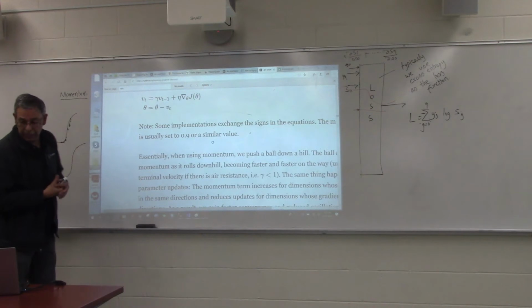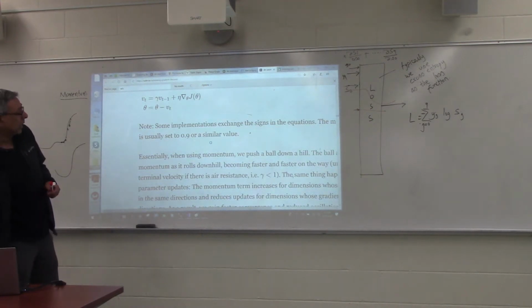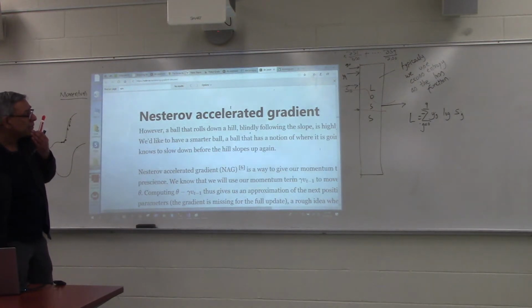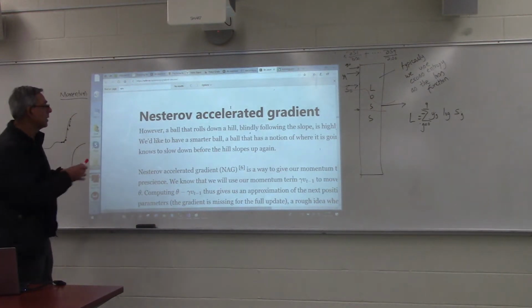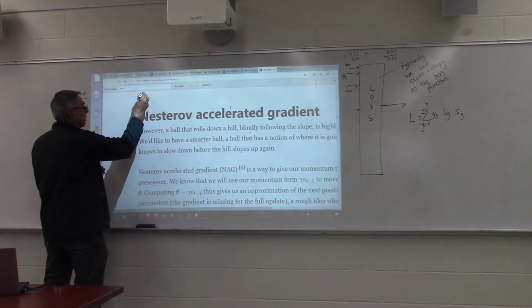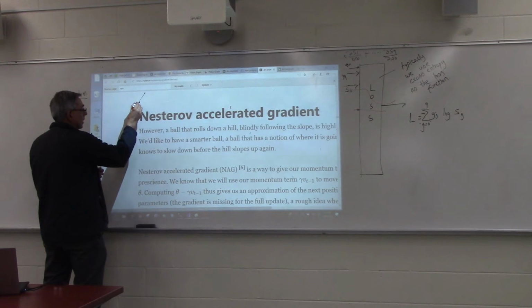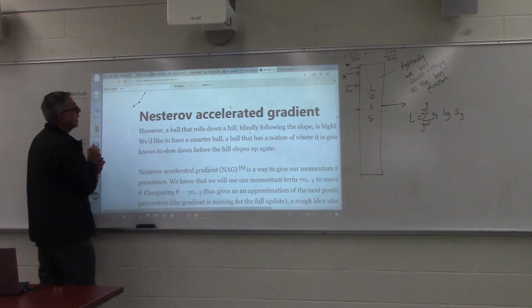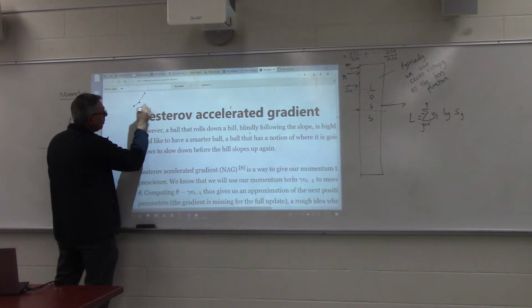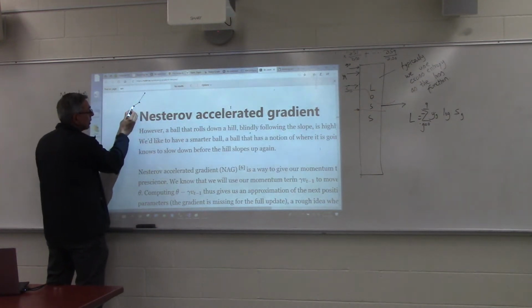So anyway, now let's take a look at the next algorithm, which is the Nesterov accelerated gradient. Here, like I was saying, the fundamental idea is like this. Let's say we went from here to here, then here to here. What will be our future gradient?